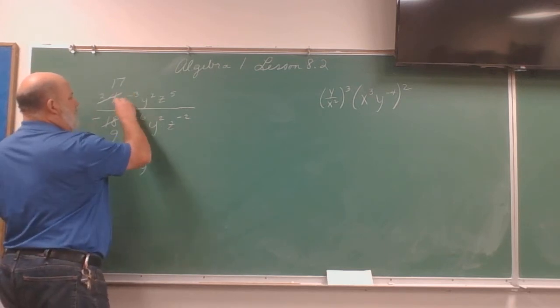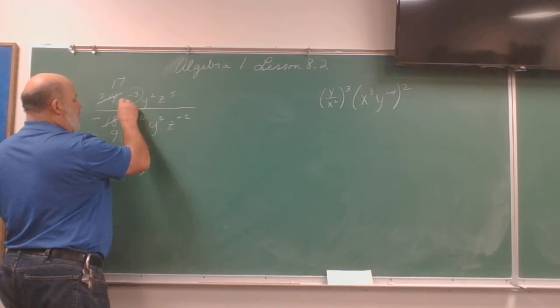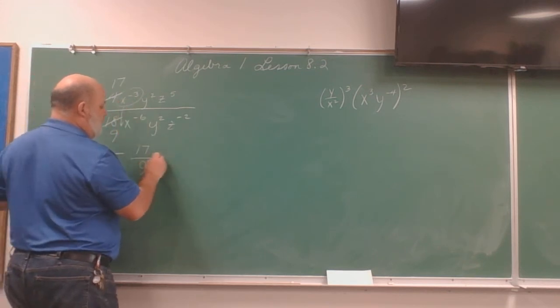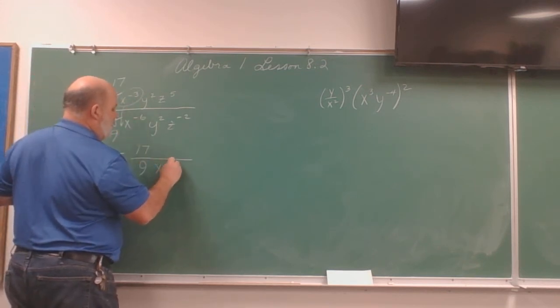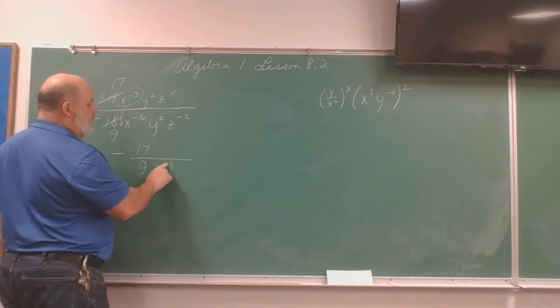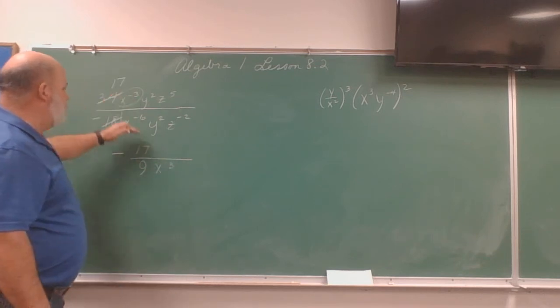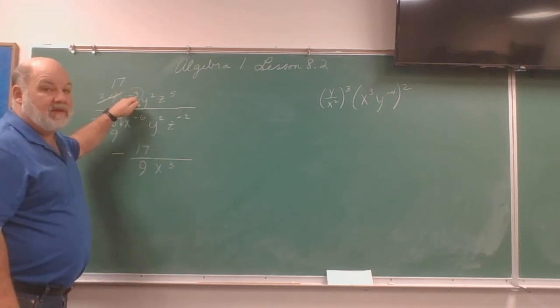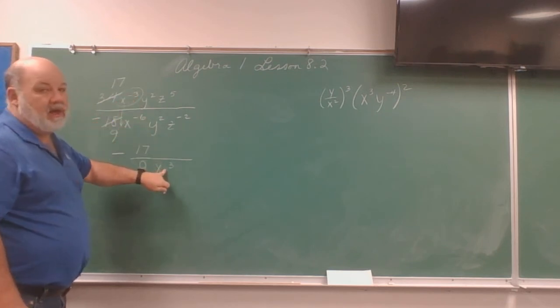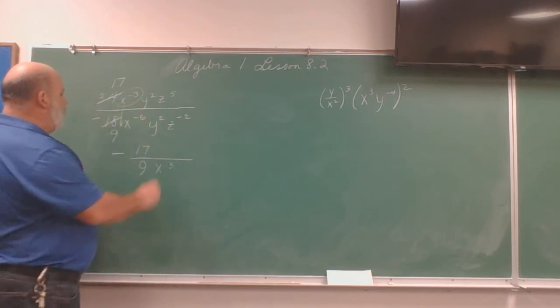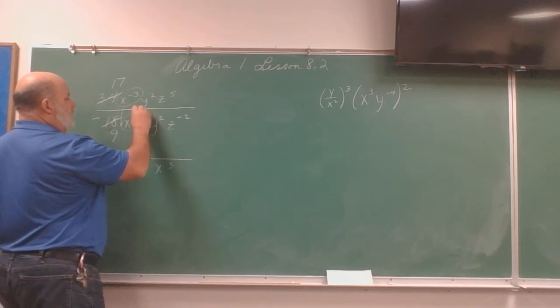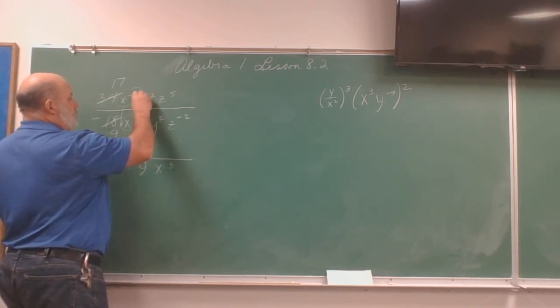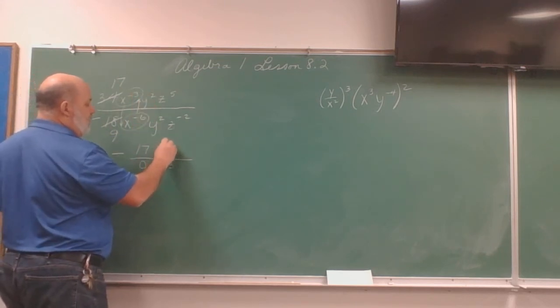So this x negative 3, I'm going to bring it down to the denominator. And when it moves, it changes sign. It goes from x negative 3 up here to x positive 3 down here. Likewise, this x negative 6 is going to move up, and it becomes x positive 6.